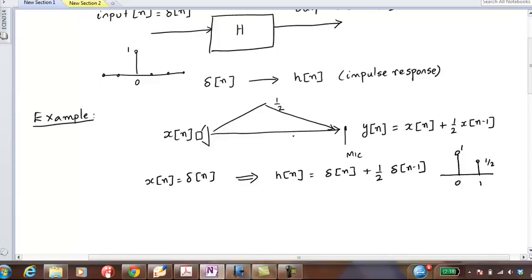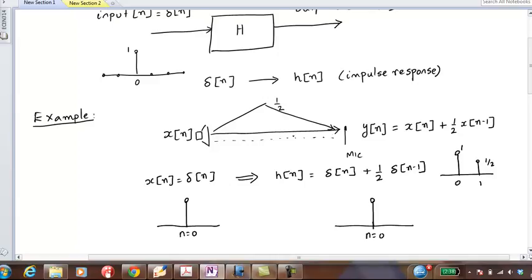But let us see whether it makes physical sense to think of this as the impulse response. It kind of makes sense, because if you think about an input which is just a delta going through this room, what happens is this. At time n equal to 0, an impulse is transmitted, and because there is this direct path, it is immediately received at the mic at time n equal to 0.